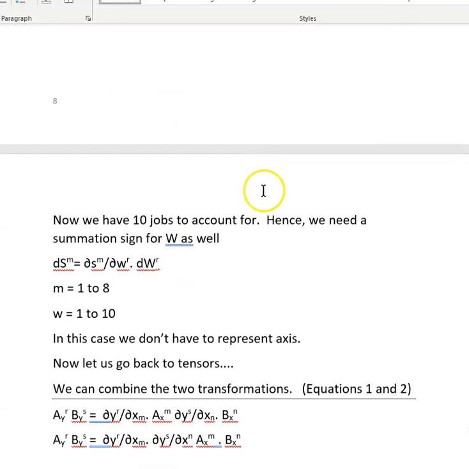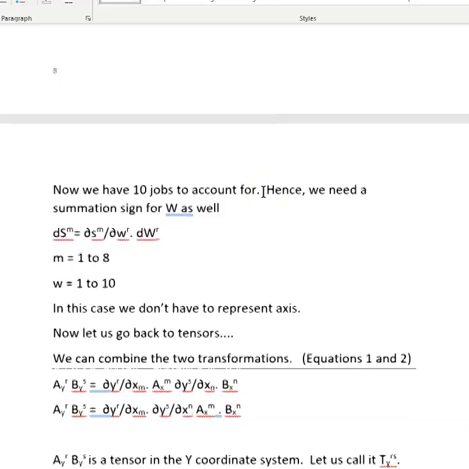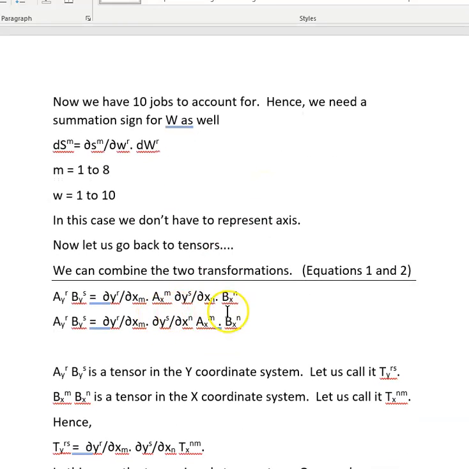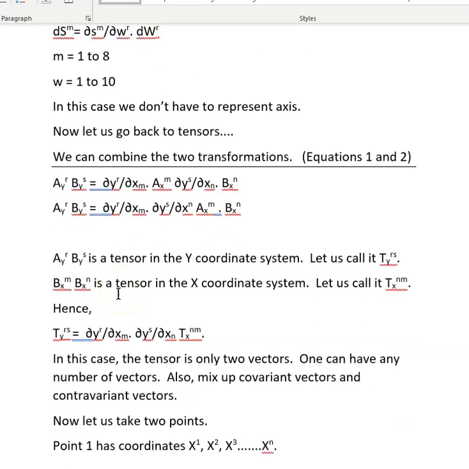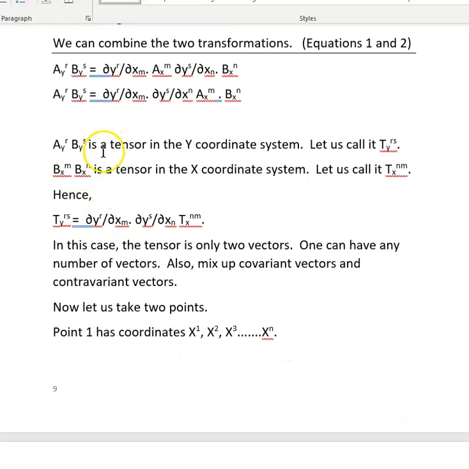So those two can be combined here, two vectors BXN and AXM, and these are the partial, the rate of change, and we could take AXM here outside and then keep this partial here. So AYRBYS is a tensor in the y coordinate system.